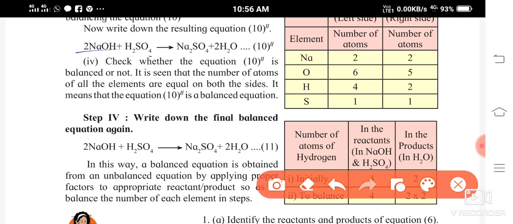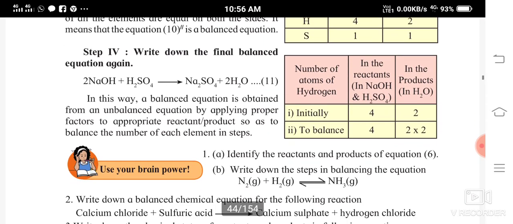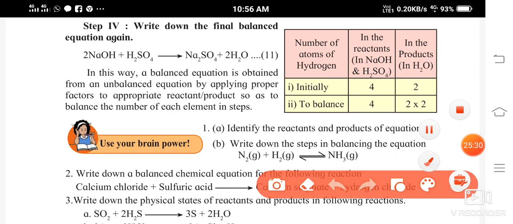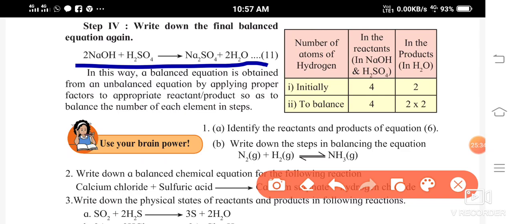So the fourth step is to write down the final balanced equation. The equation which you have got, the balanced equation, you are going to write it again. So in this way, a balanced equation is obtained from an unbalanced equation by applying proper factors to appropriate reactant or product so as to balance the number of each element in steps.